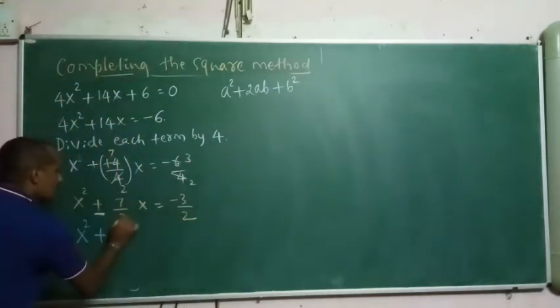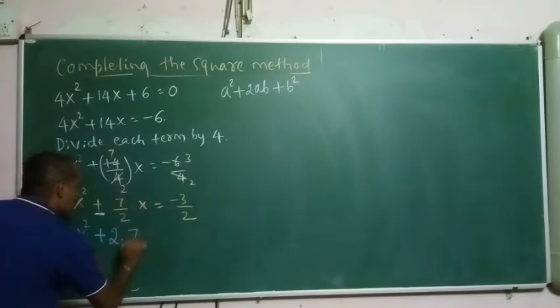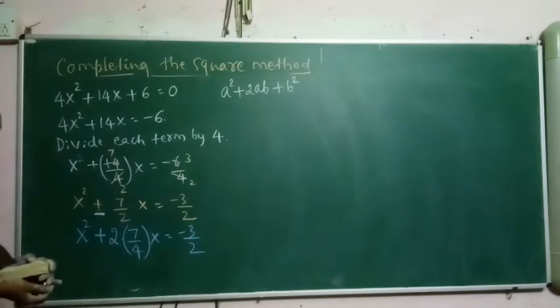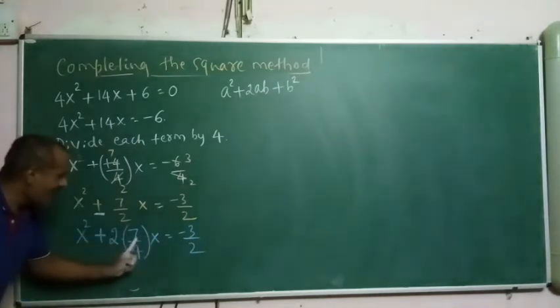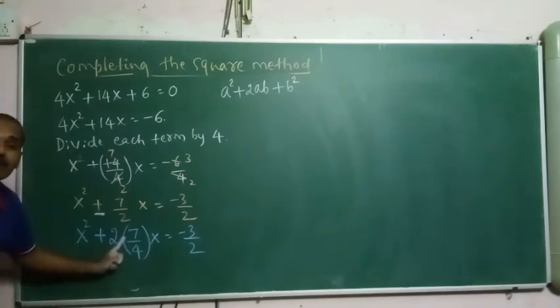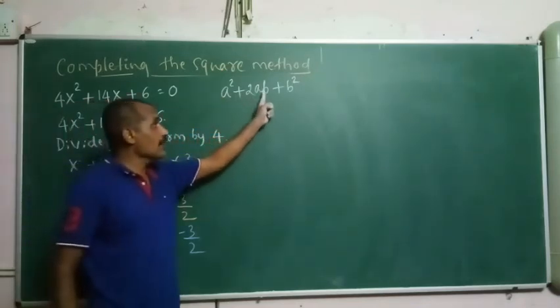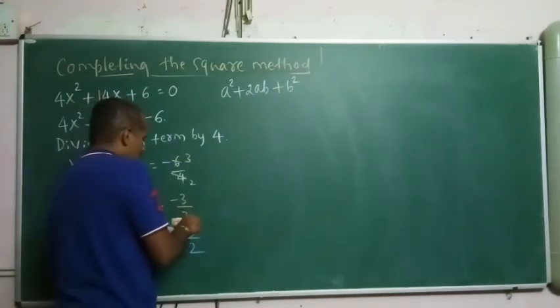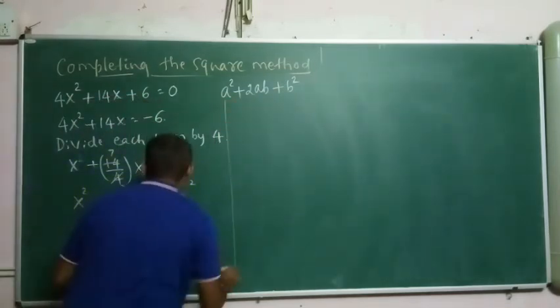In the plus 7 by 2, I will write 7 by 4 into x is equals to minus 3 by 2. With this, what happened? A square plus 2a, I got b also. Now I want only a b square term. That's all. Okay. Let me continue.